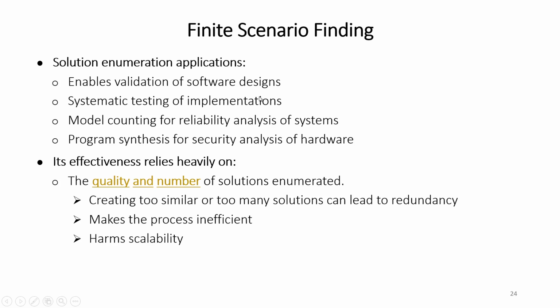If we generate a scenario, we can check whether this also works in the implementation. This is like a test case generator, and we can also use it to check the reliability of those systems. We can look for cases where things might break and see if they are possible. And if they are possible, we can try to figure out which constraints we can add to prevent them from happening.